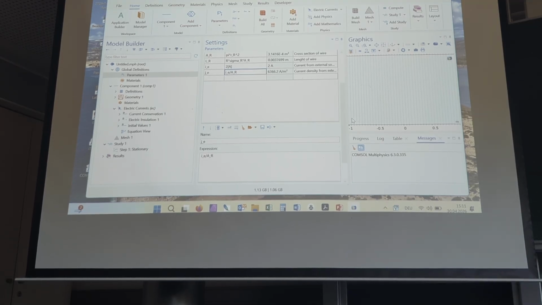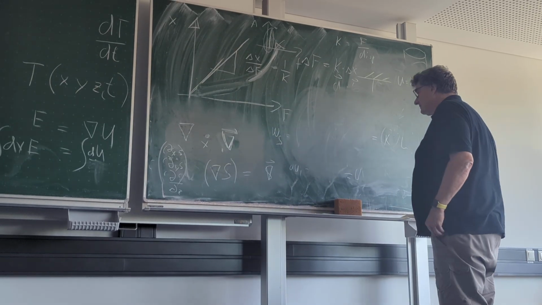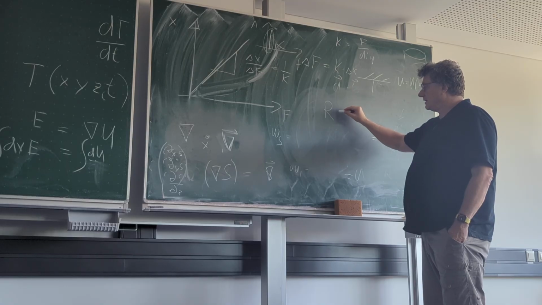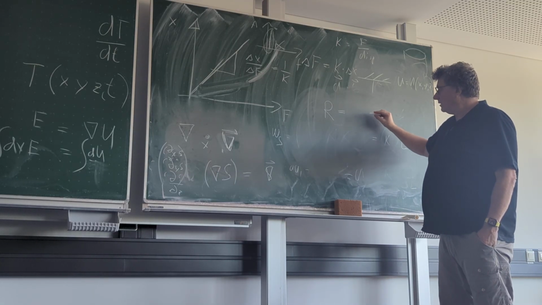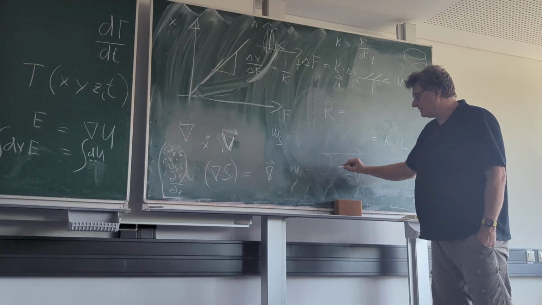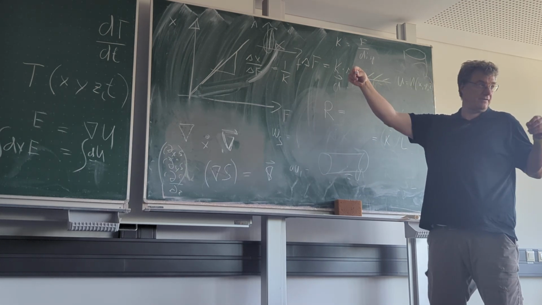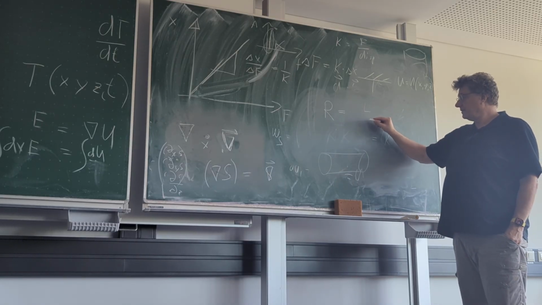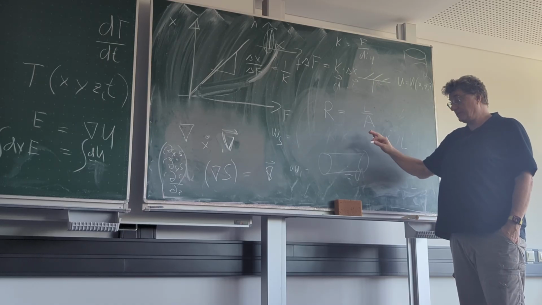Maybe some of you already recognize it. It's a simple equation which allows you to calculate the resistance depending on the geometry, if it's a simple geometry like a cylinder or a block, which is the case here. We have a length and a cross section, then we can calculate the resistance. It's the length divided by the cross section. That's the geometric part. It's so simple because the geometry is so simple.